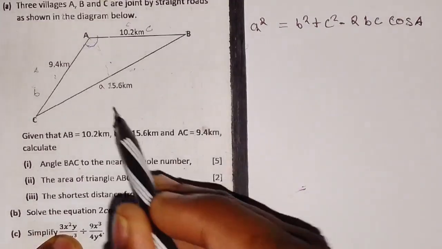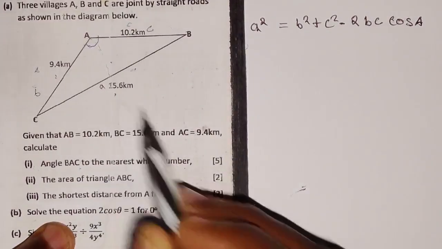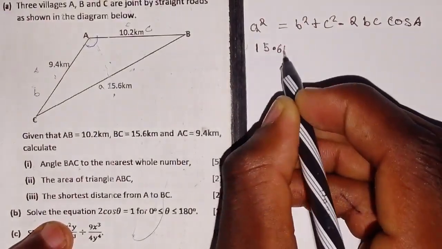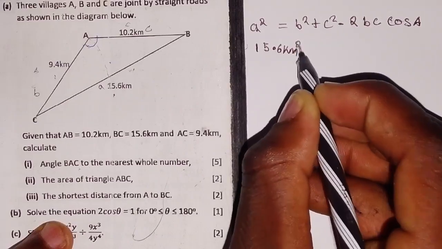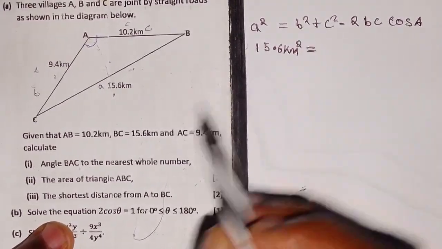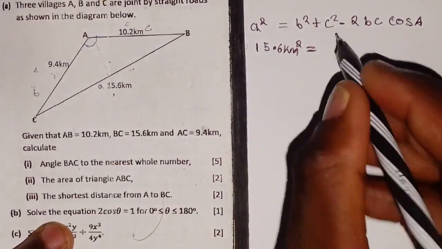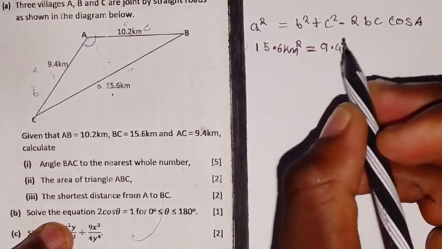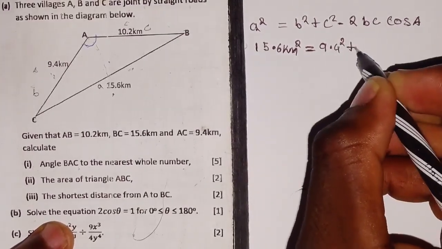So you know that if you have a, this means that we have a small a here. If we have B, we also have a B this side. C, we also have a small c this side. So these are the relations. So a squared, we're going to get this one. This is our a, so we're going to have 15.6 kilometers squared is equal to b squared. We get the b, which is this one, 9.4 squared. Don't forget to square, plus your c.